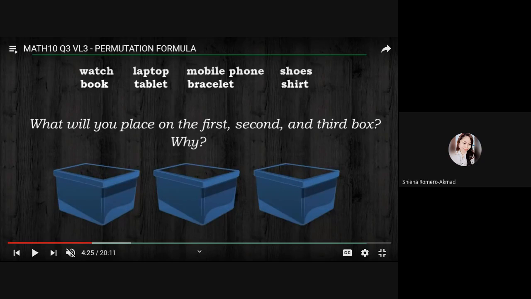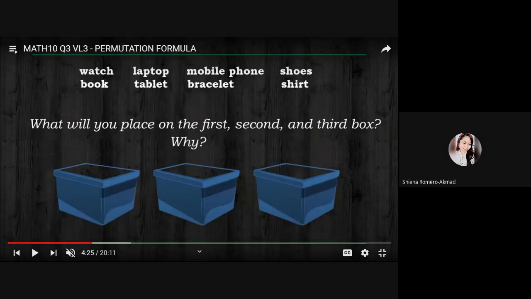If I had no laptop and were asked to choose, I would put the laptop in the first box. How about you? First box, tablet. Second box, mobile phone. Third box, book.